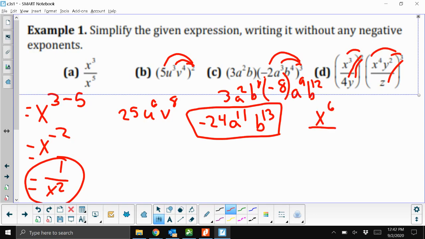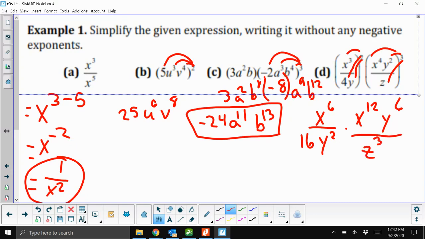And then we got 4 to the second. Well, that 4 squared would be 16. And then y squared, right? To the first, y to the first times 2 would be y squared. I got to do the same thing at the next one. Distribute the cube. 4 times 3 is 12. 2 times 3 is 6. And 1 times 3 is 3.